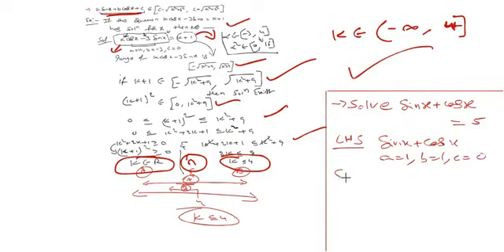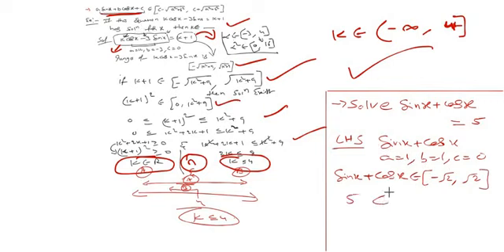Then clearly sin x plus cos x belongs to c minus root over a square plus b square, c plus root over a square plus b square, which I have applied.